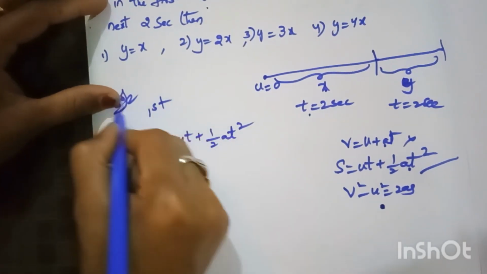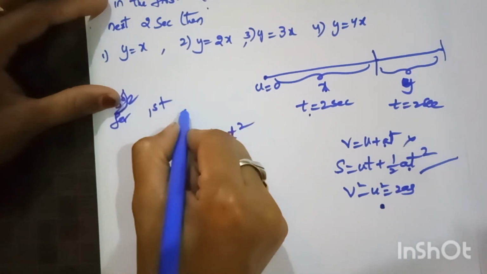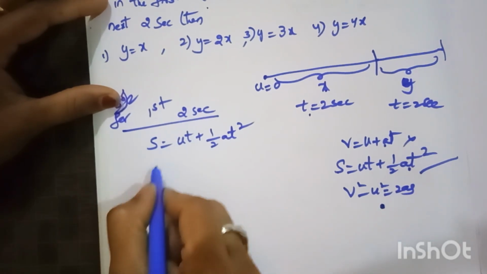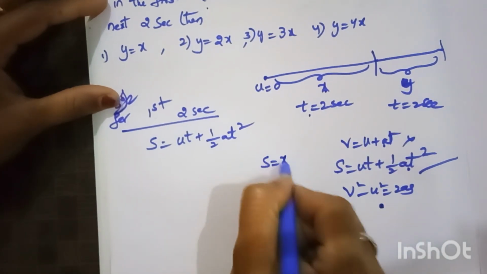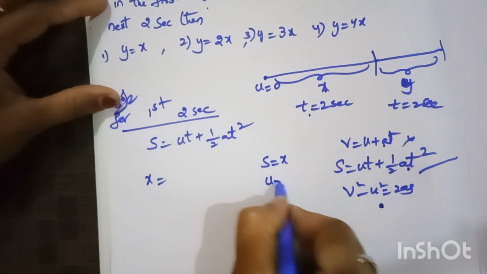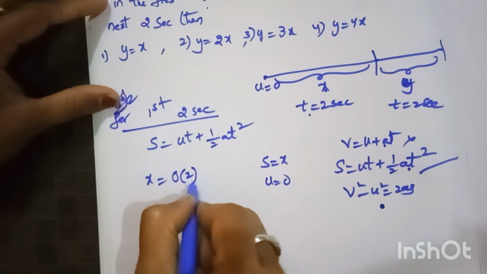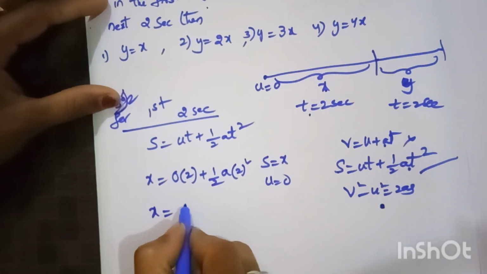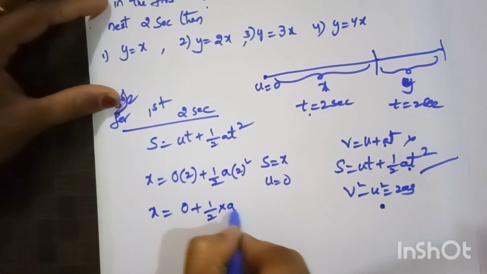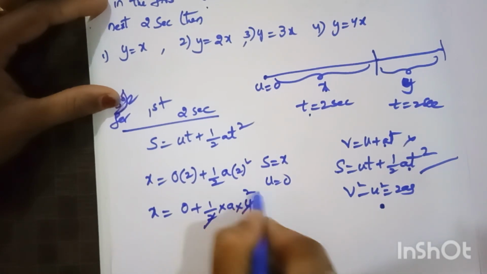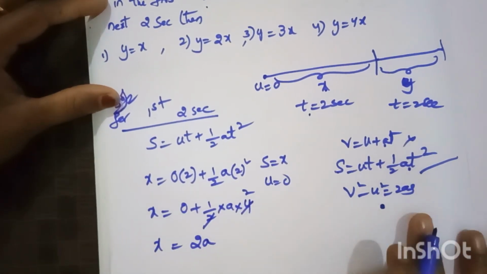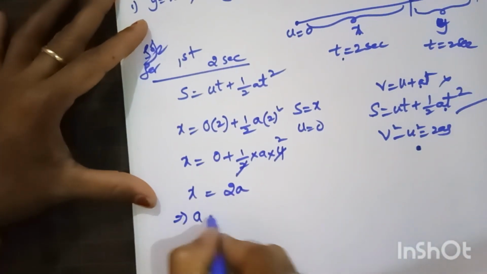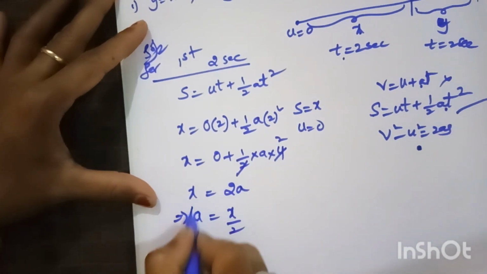For the first 2 seconds, s is x. x equals, u is 0, so 0 into t, plus half a, t square means 2 square. x equals 0 plus half into a into 2 square, which is 4. 2 ones are 2, 2 twos are 4. x equals 2a. Then a equals x by 2, sending the 2 to the left hand side.